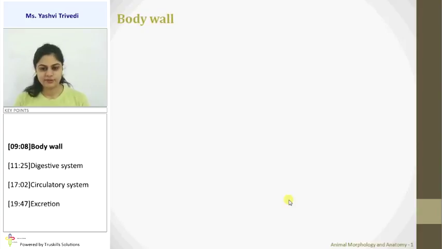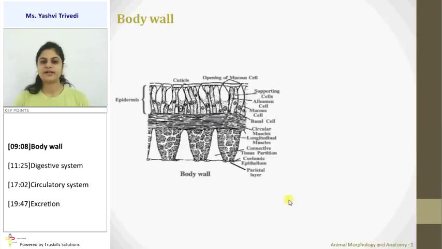Next is the body wall. We also have the diagram of the body wall. This is the microscopic view of the body wall of the earthworm. Usually the body wall of the earthworm is divided into 5 layers. The very first layer is the cuticle.